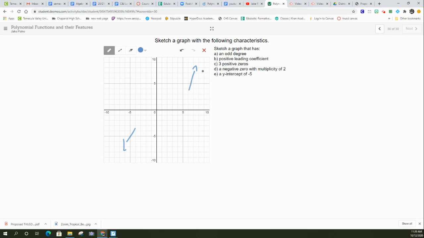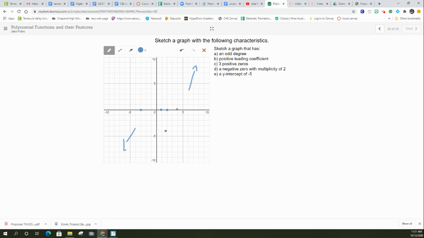Okay, so I have 3 positive zeros. So I'm going to have 3 x-intercepts. Okay, now on the negative side, I have a zero with a multiplicity of 2. So I'm going to have 1 that's negative over here.